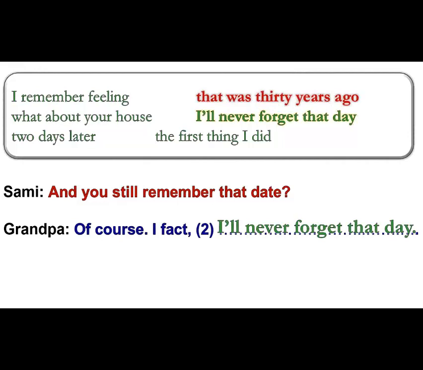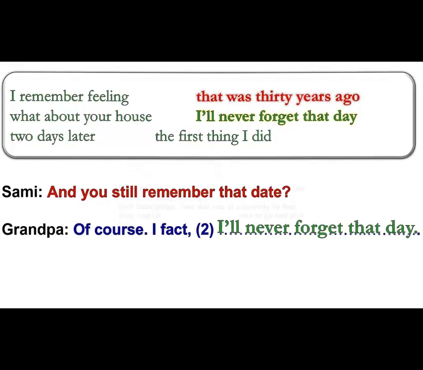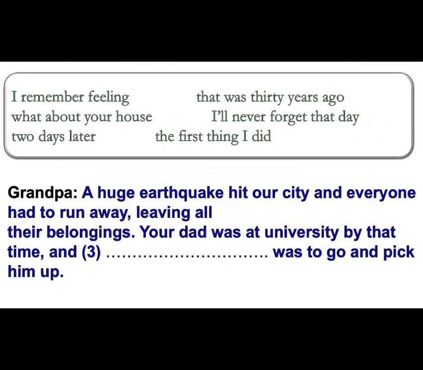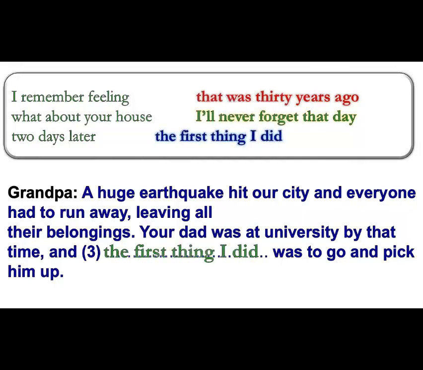In fact, I never forget that day. A huge earthquake hit our city and everyone had to run away, leaving all their belongings. Your dad was at university by that time. And the first thing I did was to go and pick him up.